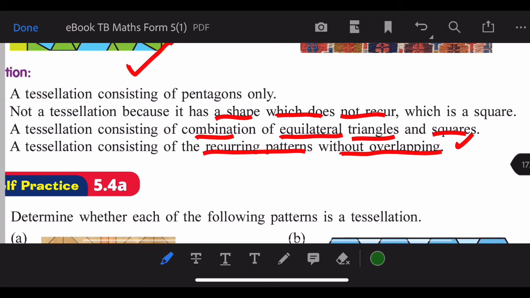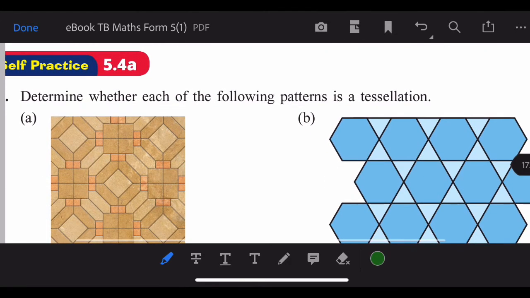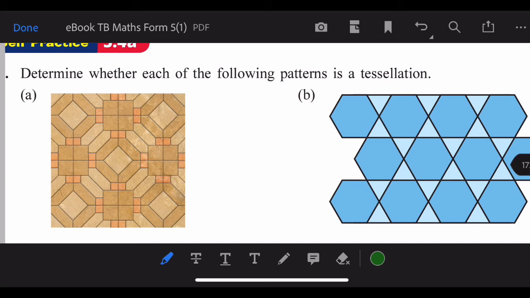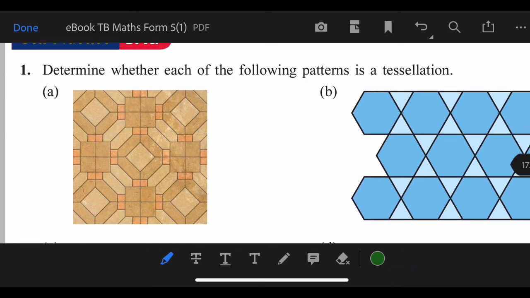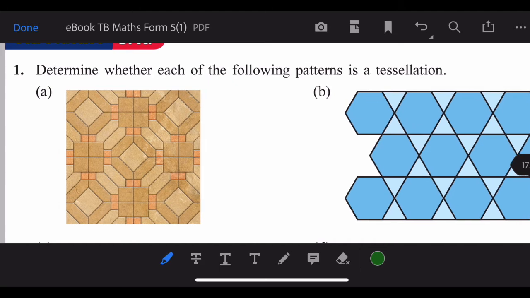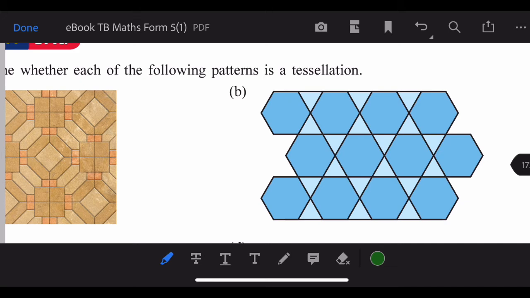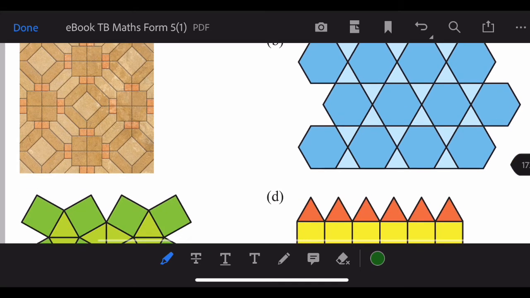Alright. Determine whether each of the following patterns is a tessellation. So what is the answer for A? Is it yes or no? I give you some time to write down your answer. And B, is it a tessellation? Check carefully: does the pattern repeat, recur, and they must not have any gap or space between them.